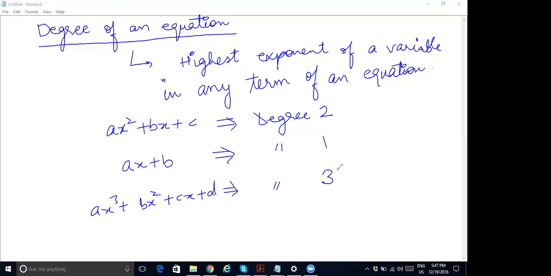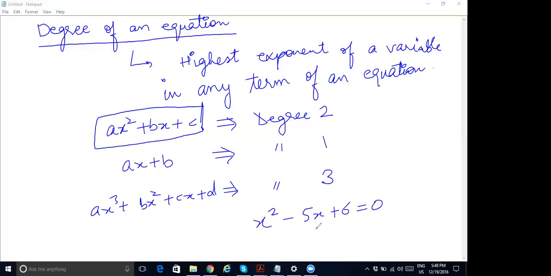Now, how will degree help? What information can we get from the degree of an equation? Well, depending on the value of x... x is a variable, so you do not have any value of x. For example, x square minus 5x plus 6 is equal to 0.